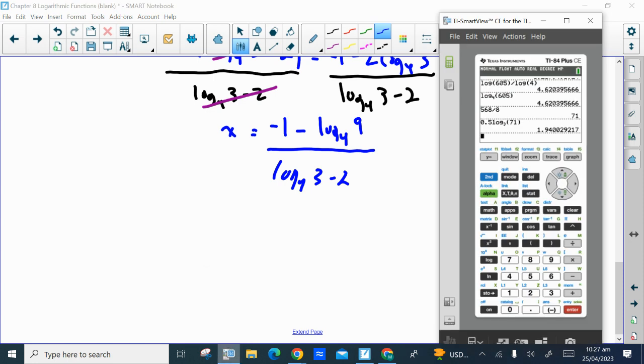To get it as a decimal, I would have to use brackets to keep the numerator and denominator together. Negative 1 take away log base 4 of 9. So close the bracket to keep the numerator together. All divided by, in brackets, log base 4 of 3.